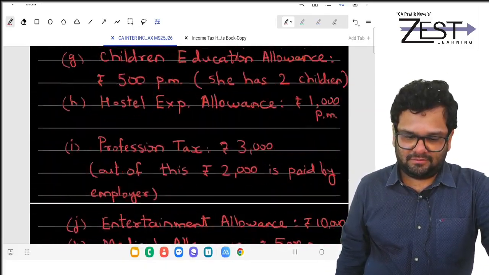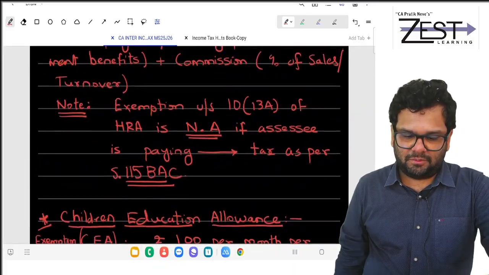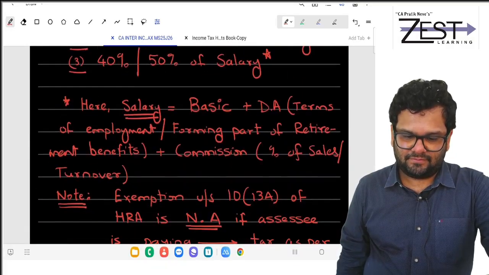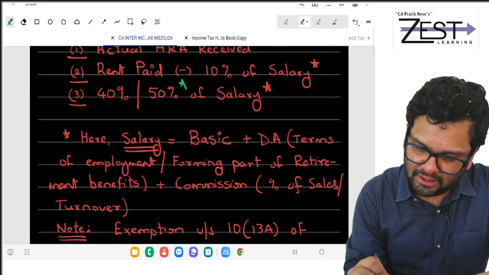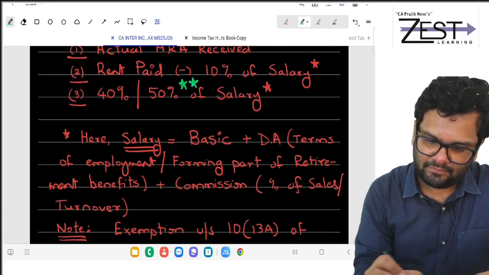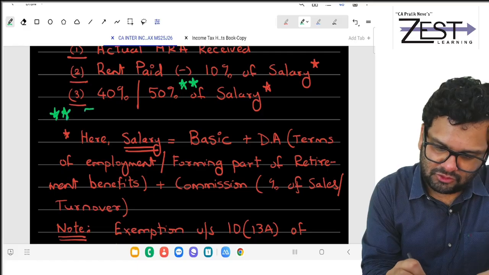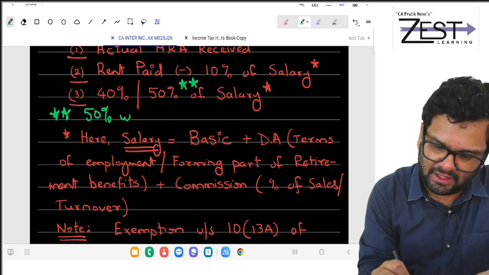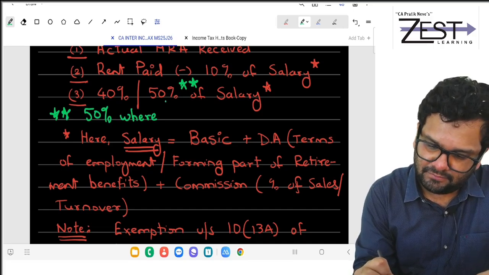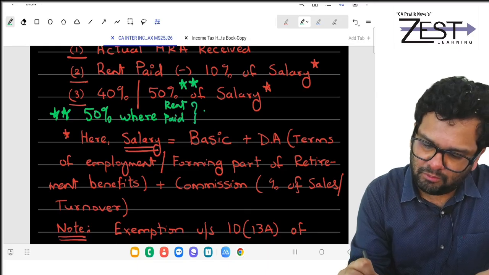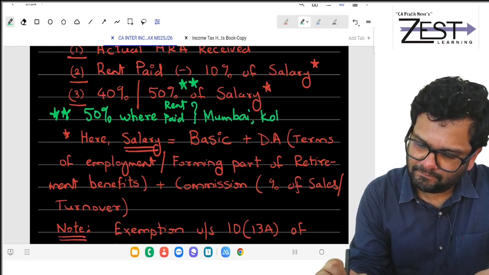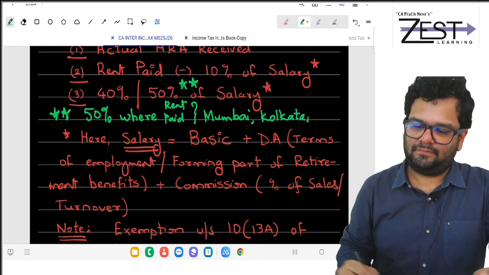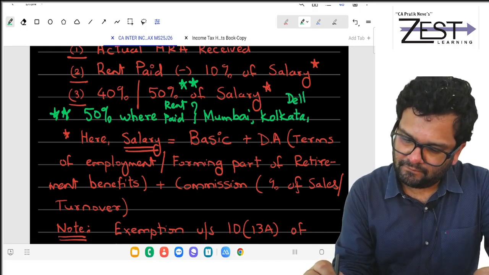1 minute. You had written a 40%. So 50% where? I forgot to tell you that. So 50% where rent paid in Mumbai, Kolkata, Delhi, Chennai.